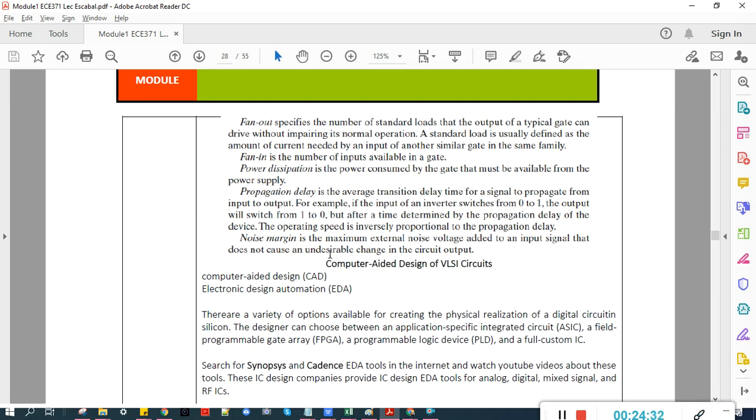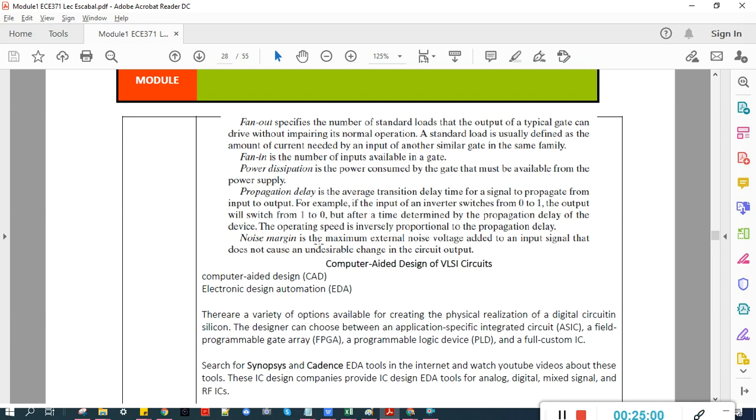Noise margin is the maximum external noise voltage added to an input signal that does not cause an undesirable change in the circuit output. This is the amount of noise that is tolerable by the logic circuit that will not affect its operation.